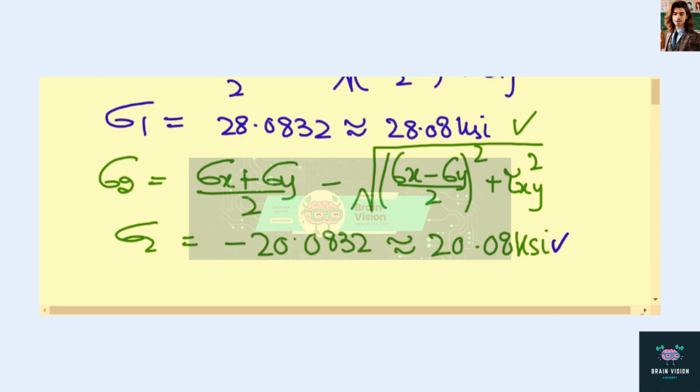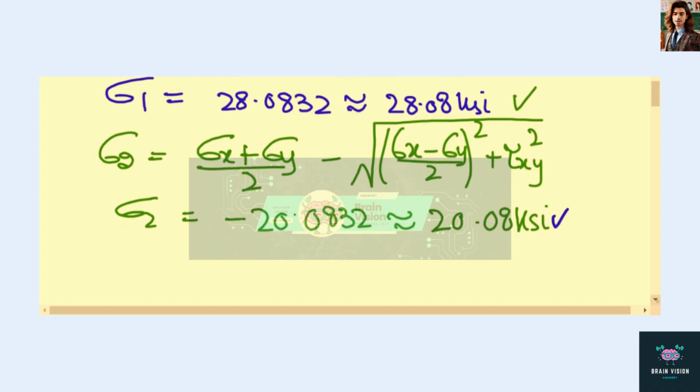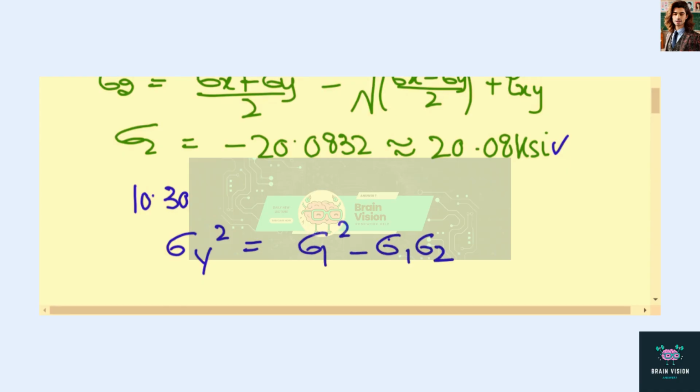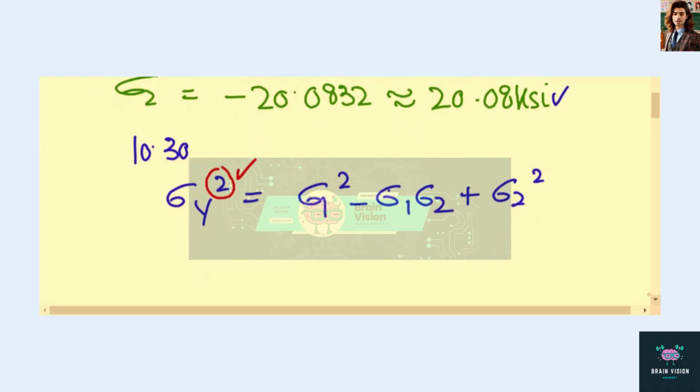And now we are going to simply use equation 10.30. That is sigma sub y squared is equal to sigma sub 1 squared minus sigma sub 1 sigma sub 2 plus sigma sub 2 squared. As you can see, we have a square on the left-hand side, so we need to take the square root of the whole equation.